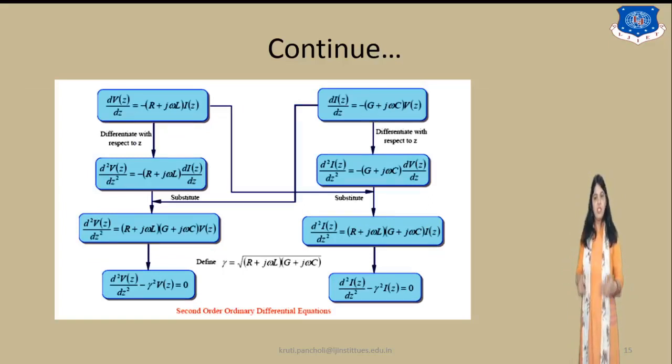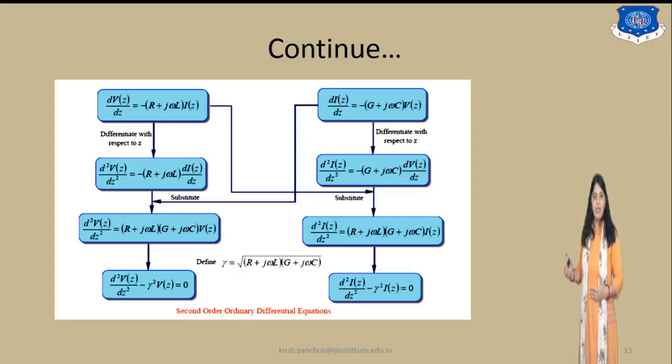Now again we need to differentiate this equation with respect to z. By differentiating, we can write the second order differential equation. In the first equation, d square V(z) upon dz square is equal to minus (R plus j omega L) dI(z) upon dz.